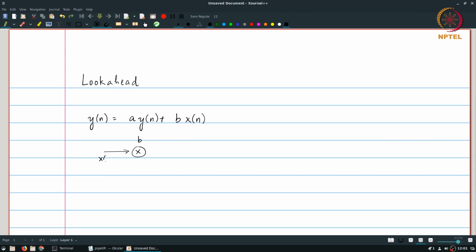X of n would be multiplied by b, and the output y of n would go through a single delay element to generate y of n minus 1, which would then be multiplied by the coefficient a and added to the x term that we already have. So this structure exactly implements the equation that we have here.